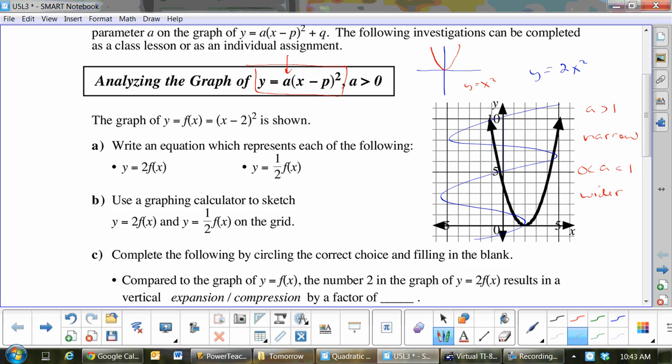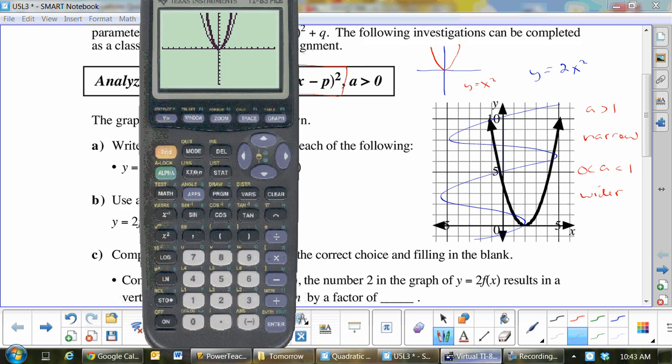Okay? And if you look at the calculator, if I put in y3 as, say, 1/2 x squared, you see I get the wider version now. Okay? So y equals x squared is the middle one.